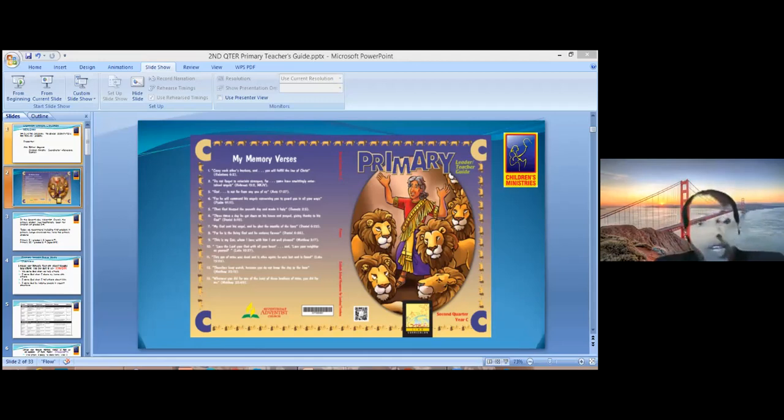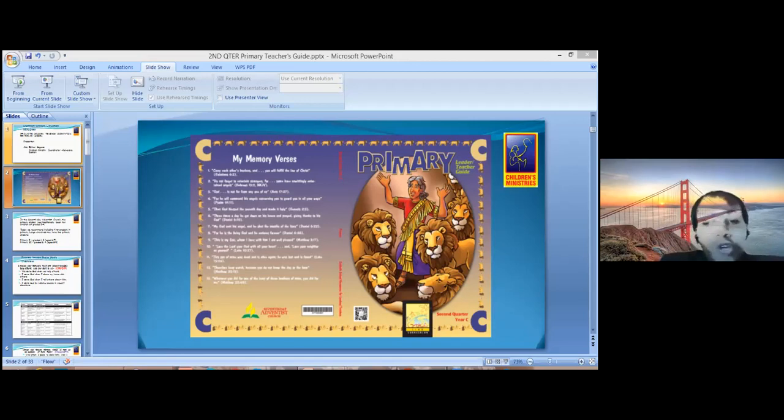I have this chart here with me. When we look at service, we're looking at how others can see Jesus in us, what the rest of the world has to see in us. So that is service.